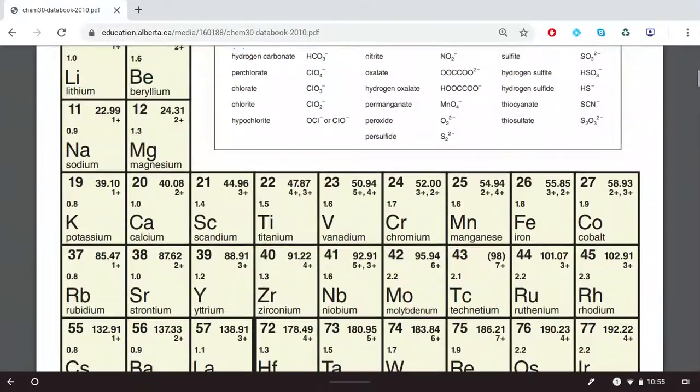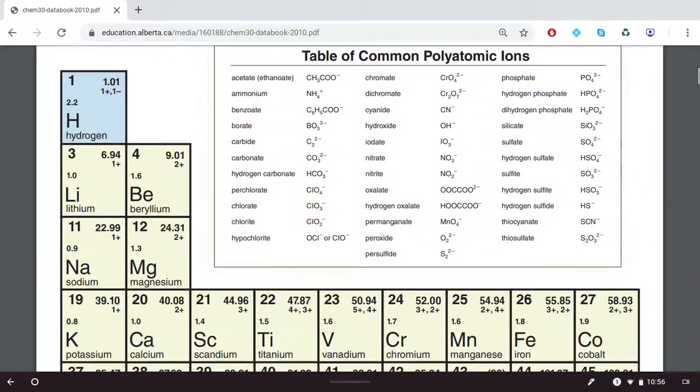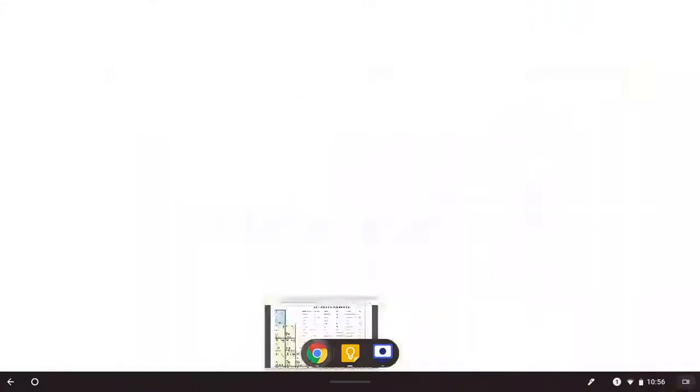Going back to my periodic table, hydrogen's on the left-hand side and it's in the top left-hand corner. Looking at that square, I see that in the top right corner of it, the molar mass of hydrogen is 1 and 1/100th of a gram per mole.